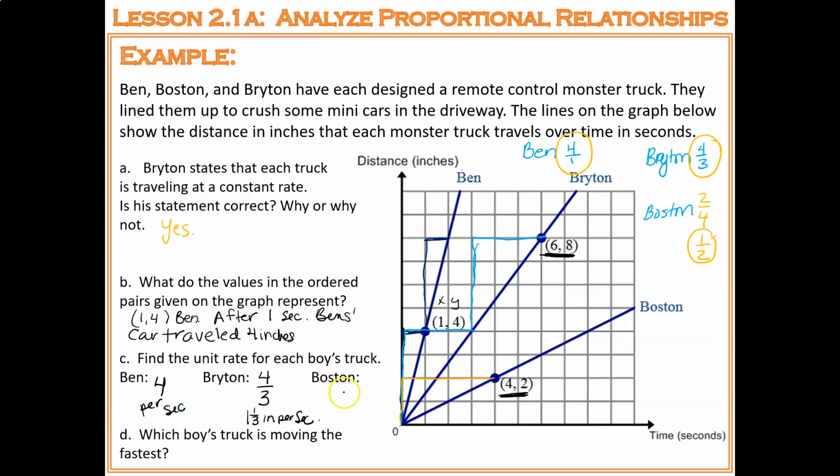And Boston is 1/2 inch per second. So if you look at these, which one goes the farthest in 1 second? That would be Ben. He goes 4 each second. Ben's truck. In this case, the higher the number, that means they go farther in the same period of time.